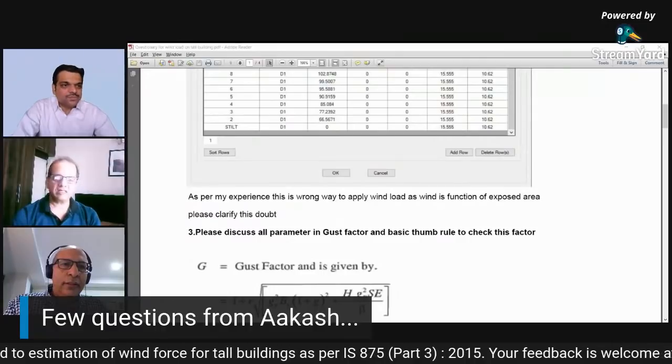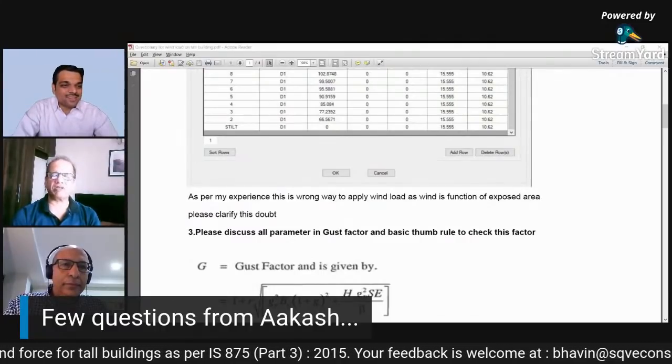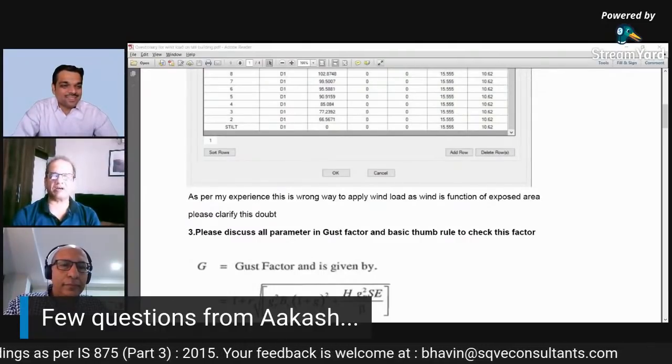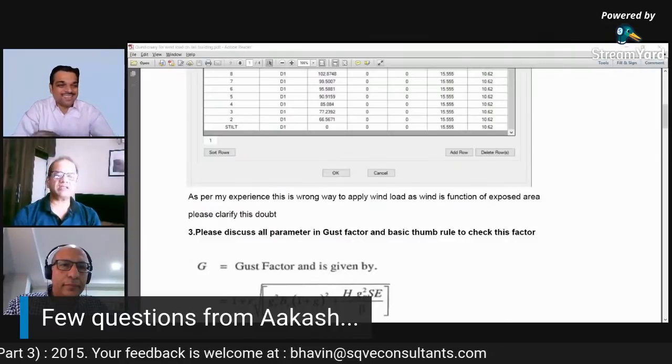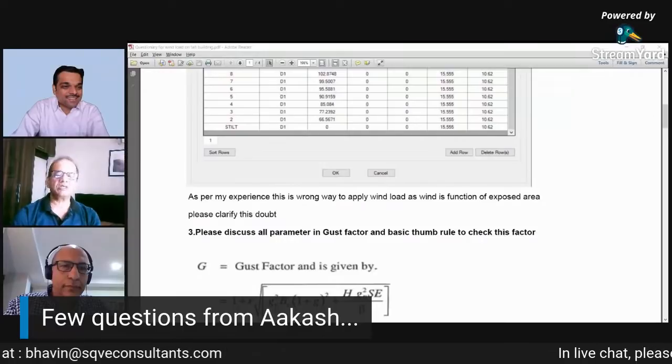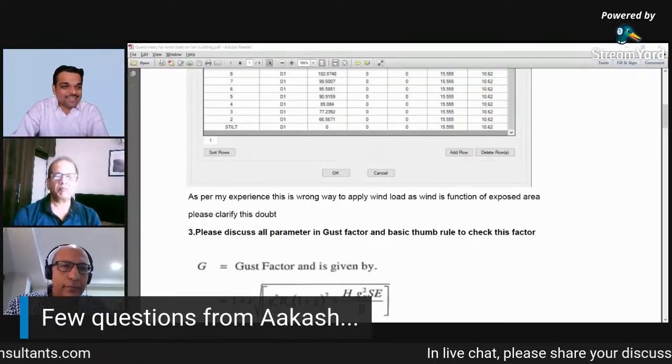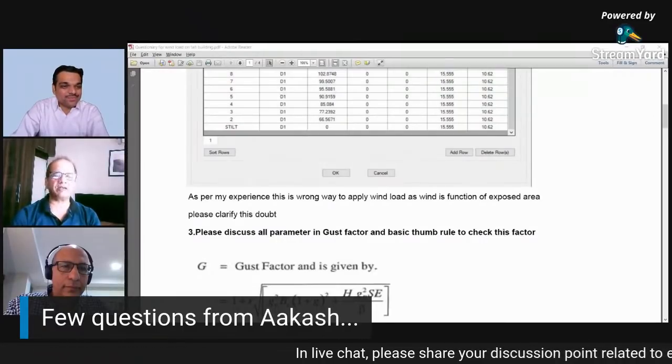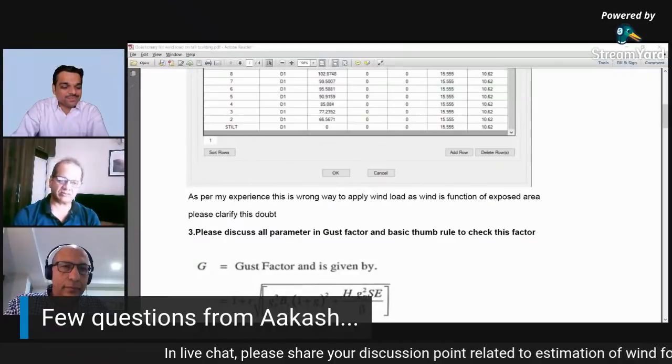But as a user, see, software is always something like garbage in, garbage out. If it is giving you the flexibility to apply all the force at one point, the results will be according to that. But you have the choice to apply that wind force at several points simultaneously.